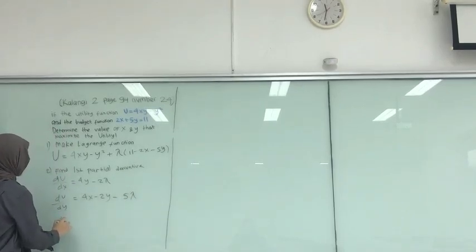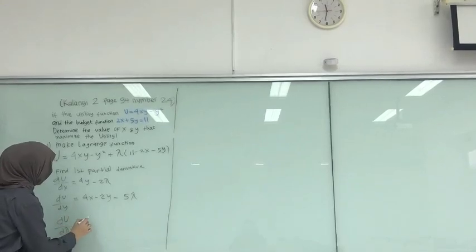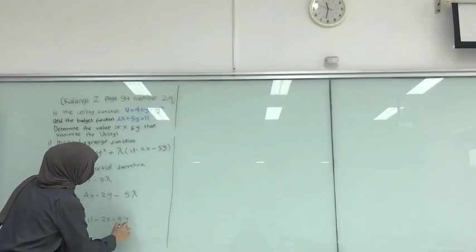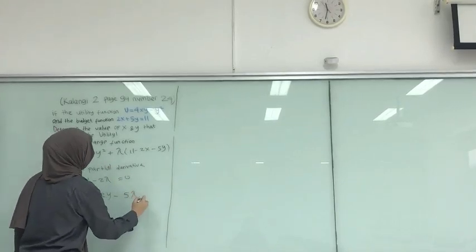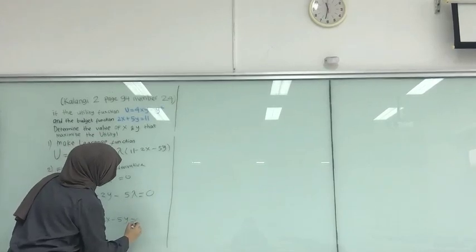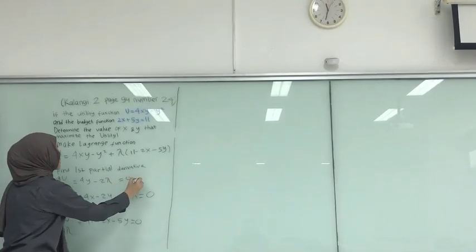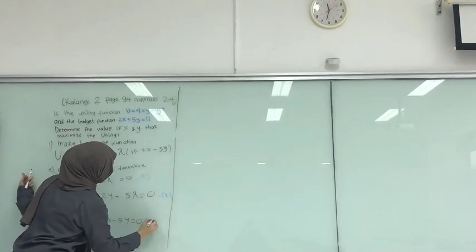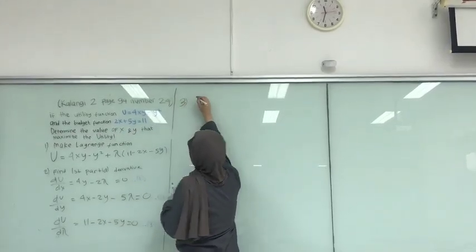And then we derive the lambda. And then don't forget to make them equals to 0. And then here we got three equations. This is the first one, second, then third one.